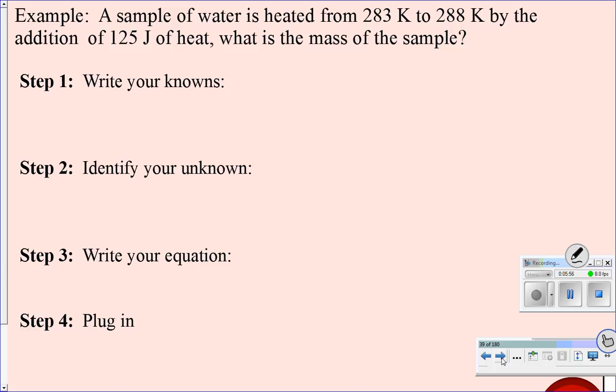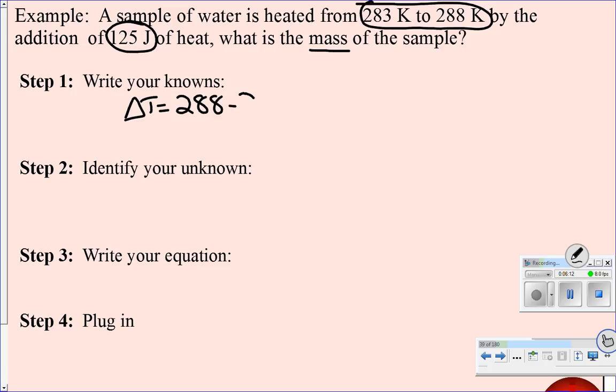So we have a sample of water being heated from 283 to 288 K by the addition of 125 joules of heat. What is the mass of the sample? So I know that I'm going to have a change in temperature of 288 minus 283, or 5 Kelvin.